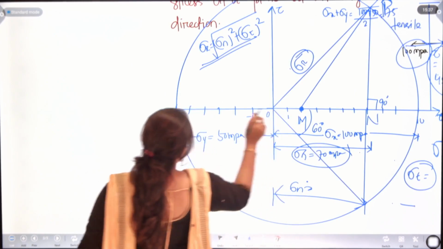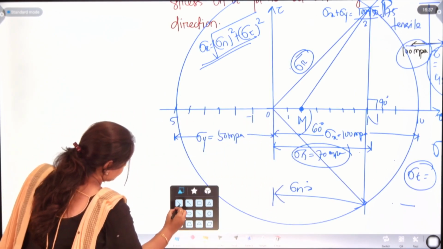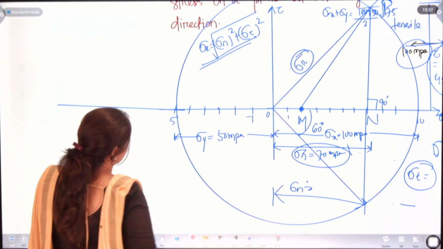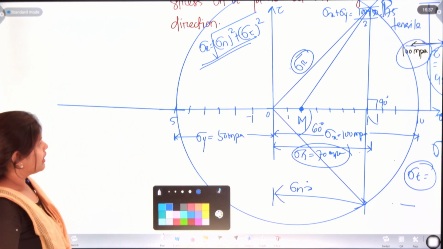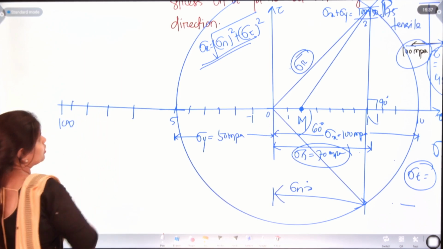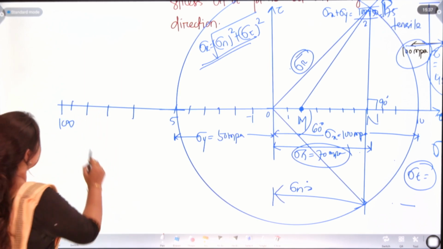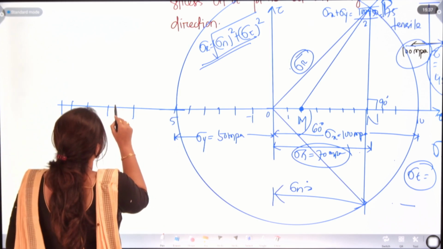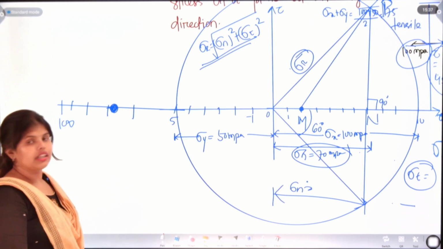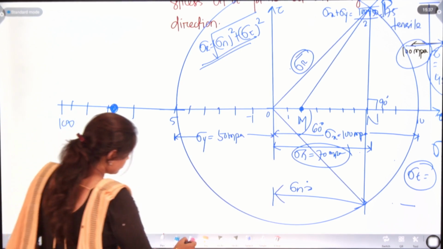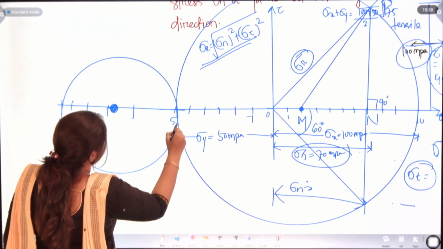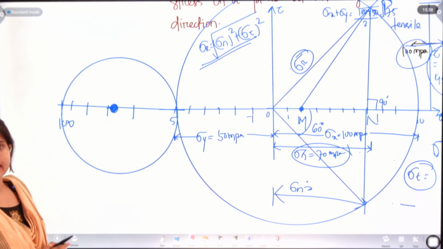We need to extend this line in this manner and extend up to 100. And the circle will be this, 5 to 1, and here will be the center of the circle. The Mohr circle will be like this.